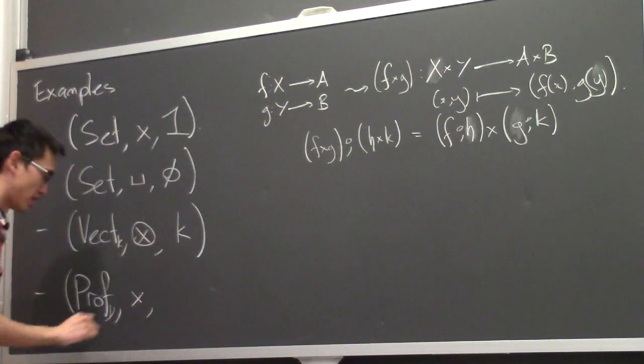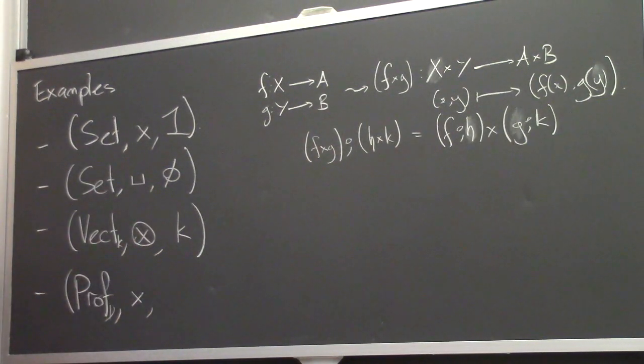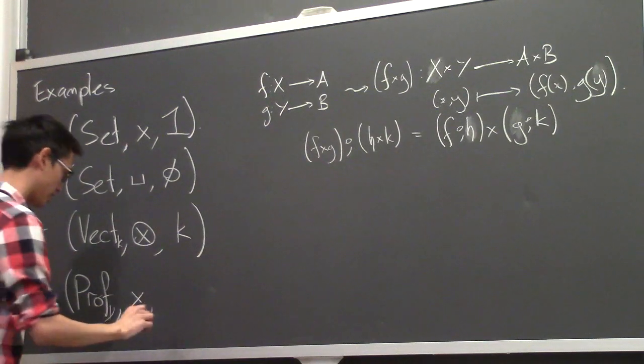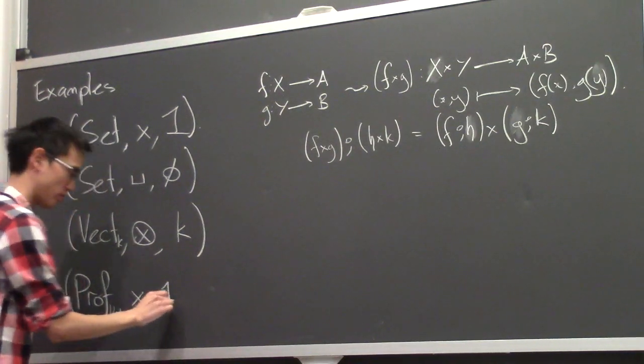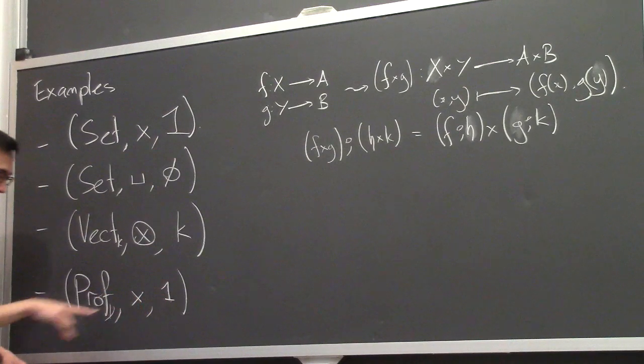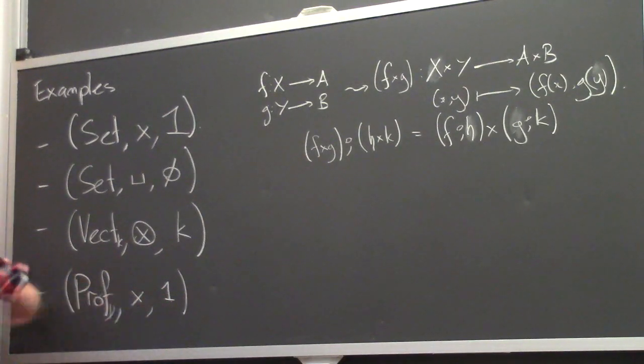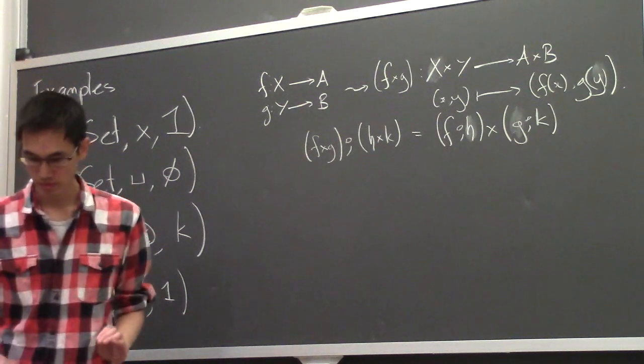And then our monoidal product is the product of V-categories, and there's an associated notion of product of profunctors that goes with that. And I guess there's a one-object V-category, the terminal V-category, which forms the monoidal unit.